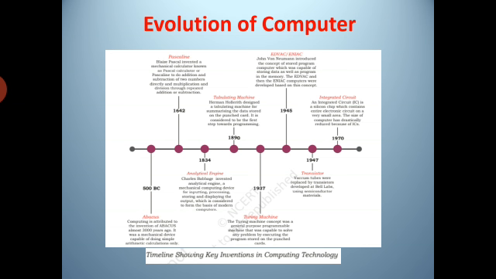Then in 1834, Charles Babbage invented the Analytical Engine, a mechanical computing device for inputting, processing, storing and displaying the output, which is considered to form the basis of modern computers.